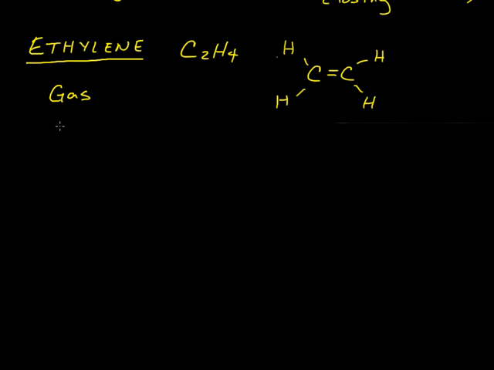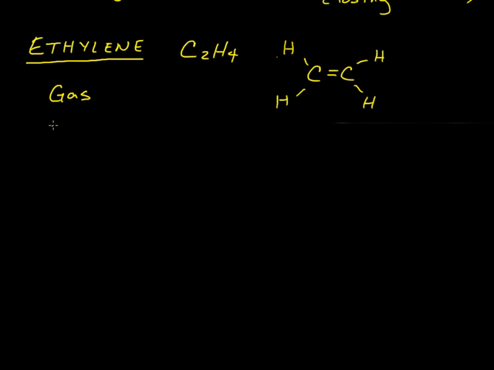And ethylene gas, as it says in your notes, is not particularly water soluble. So the parts of the plant that ethylene will stimulate a response in usually have to be very close to the part of the plant that actually produces the ethylene, because it doesn't get transported in xylem or in phloem.